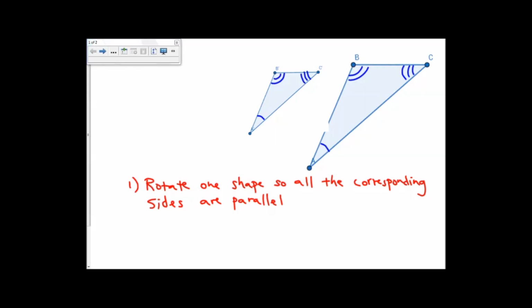The second step is to draw a line between corresponding points: between A and A prime, B and B prime, C and C prime. Those lines will be concurrent, and the point of concurrency is the center of the dilation.